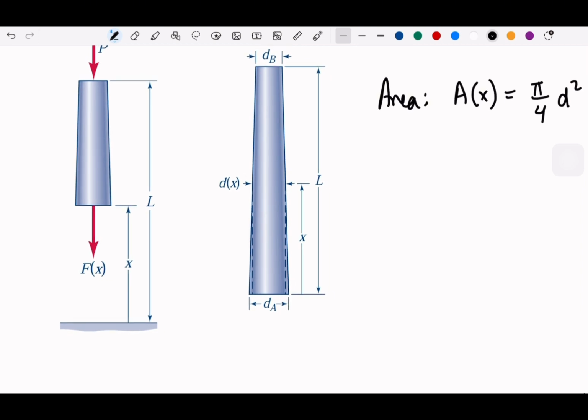Suppose we have dA minus dB over L, and suppose we have a dx in the middle, randomly between A and B. Geometrically, this will be the same ratio as dA minus dx over x.